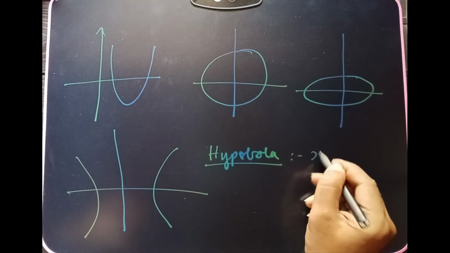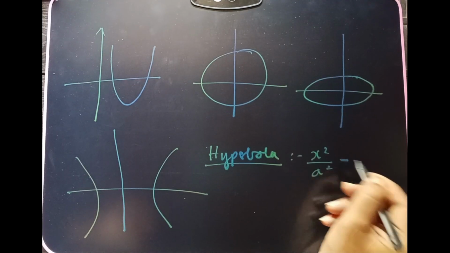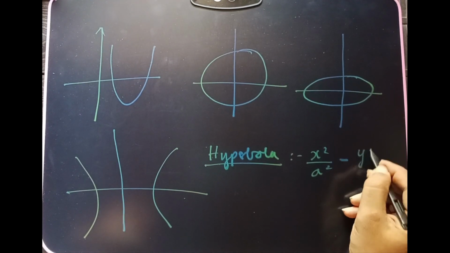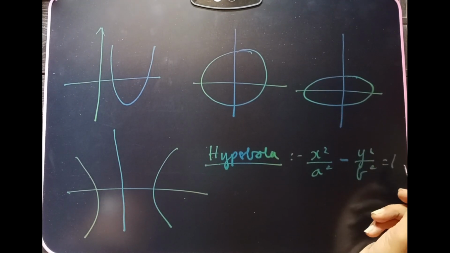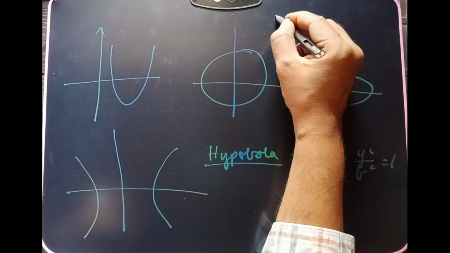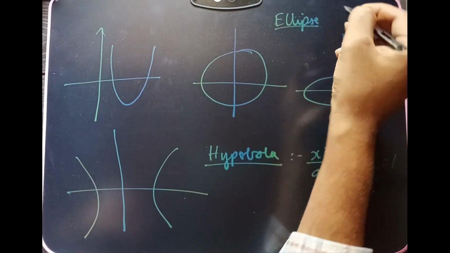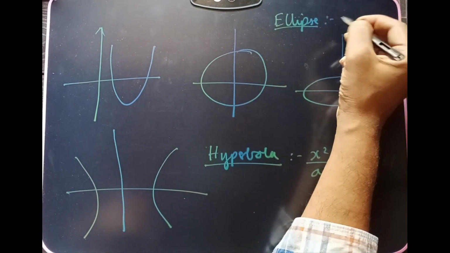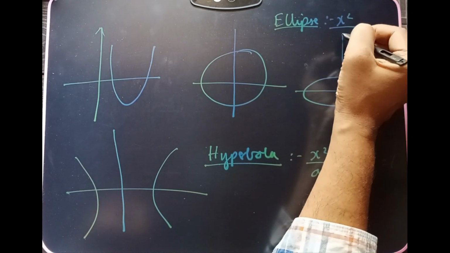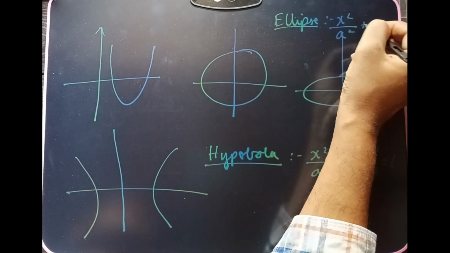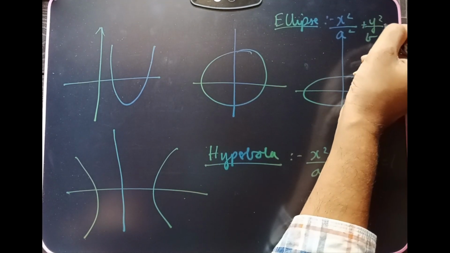In hyperbola, you'll have x square by a square minus y square by b square is equal to 1. For ellipse, going in the reverse order, don't mind, you will have x square by a square plus y square by b square is equal to 1.